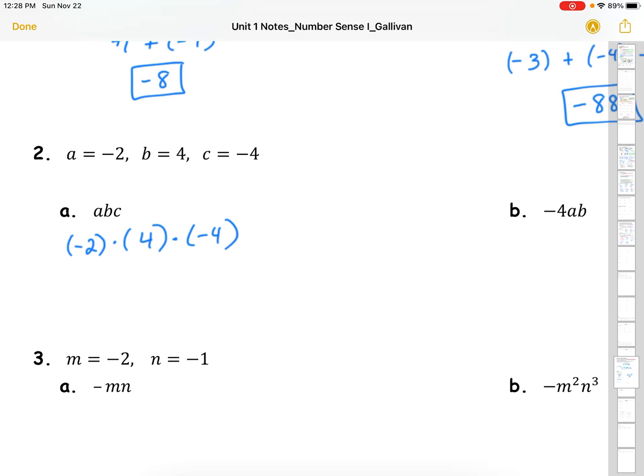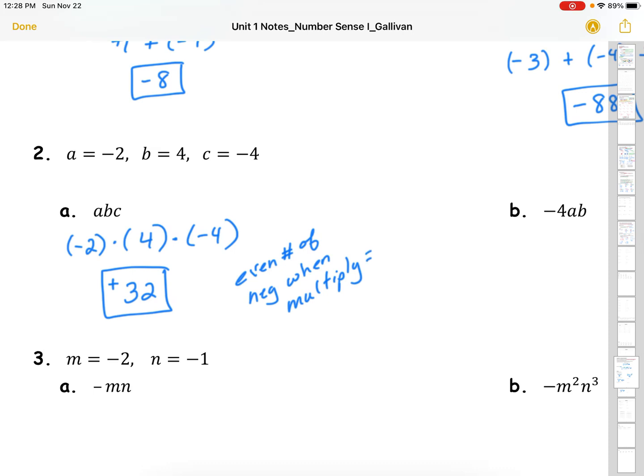So it's 32, and it's positive 32 because those two negatives, remember we talked about if you have an even number of negatives when multiplying, equals a positive, okay?